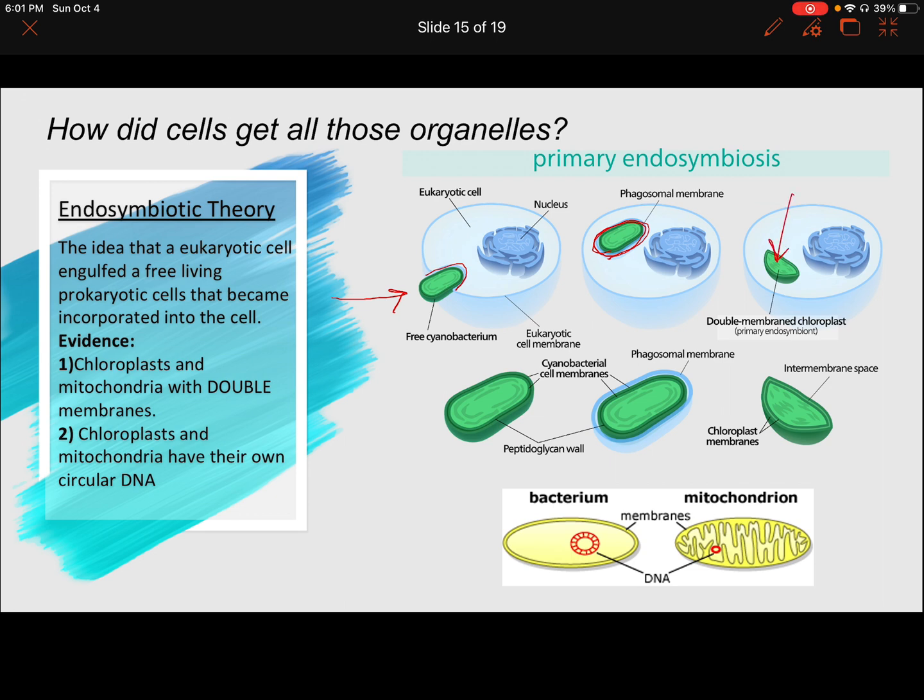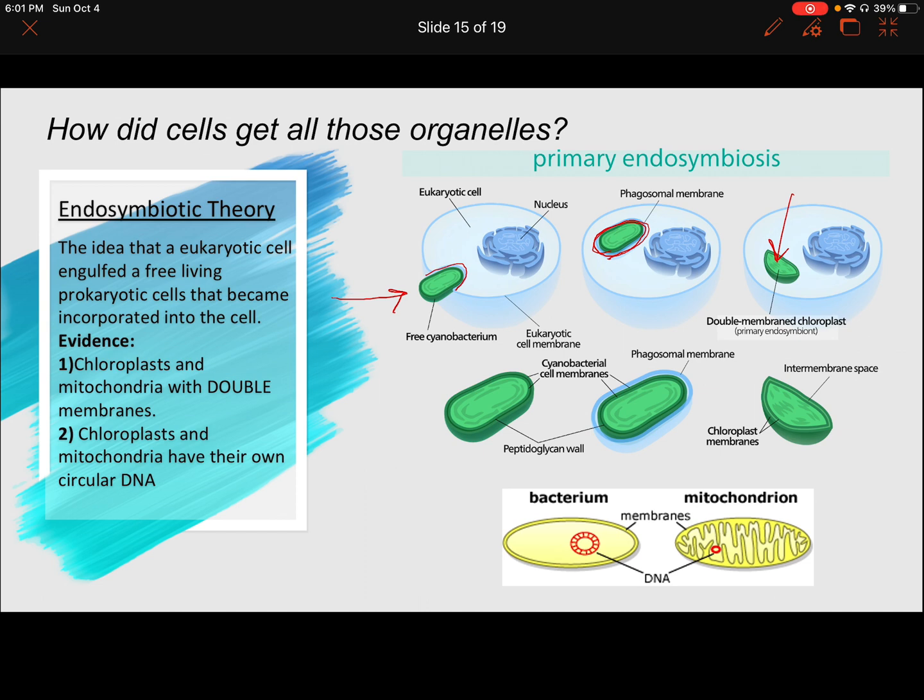And so now the chloroplasts have a double membrane, and they still do to this very day. Mitochondria are the same way. So the theory is that it was some sort of bacteria that could do photosynthesis, and it became incorporated into a eukaryotic cell. And now eukaryotic cells, the ones in plants and photosynthetic organisms, can do photosynthesis because of this.